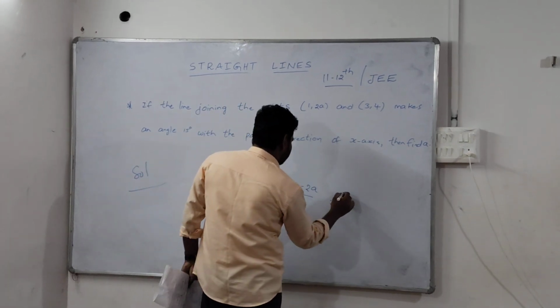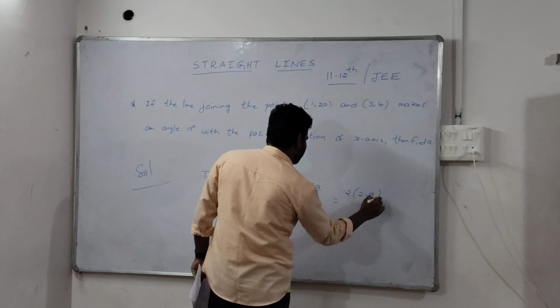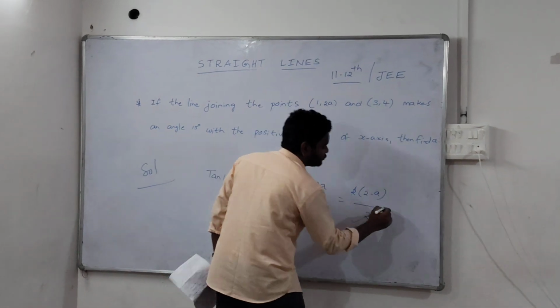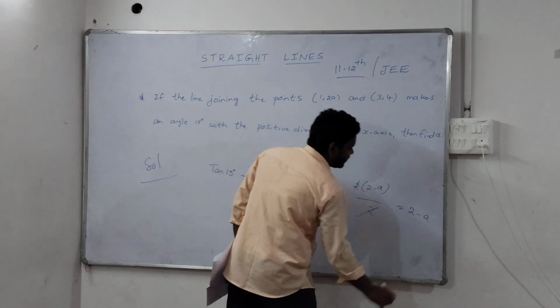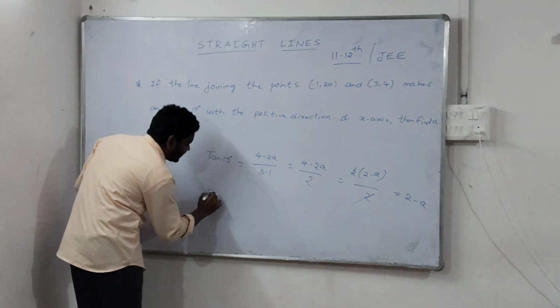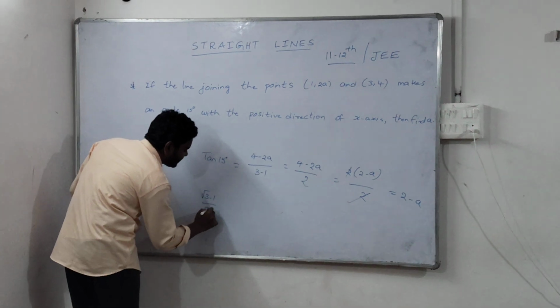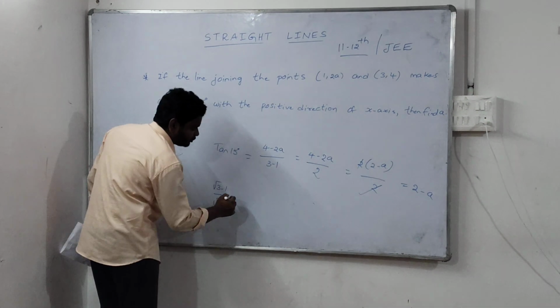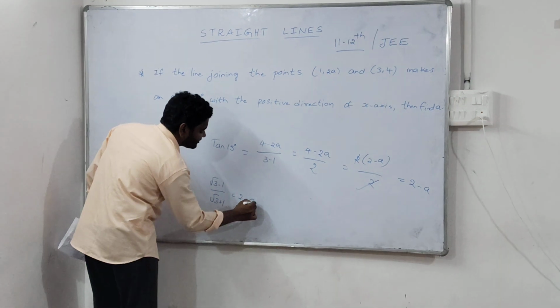Taking 2 common, 2 minus a by 2, where 2 is cancelled, should be equal to 2 minus a. Tan 15 value, we know, is root 3 minus 1 by root 3 plus 1, which should be equal to 2 minus a.